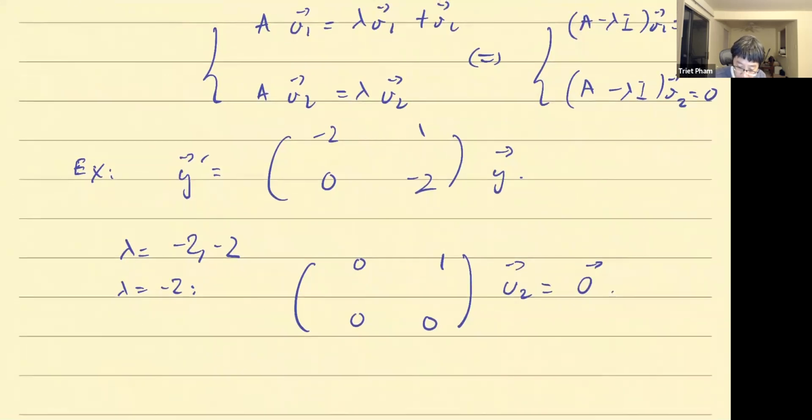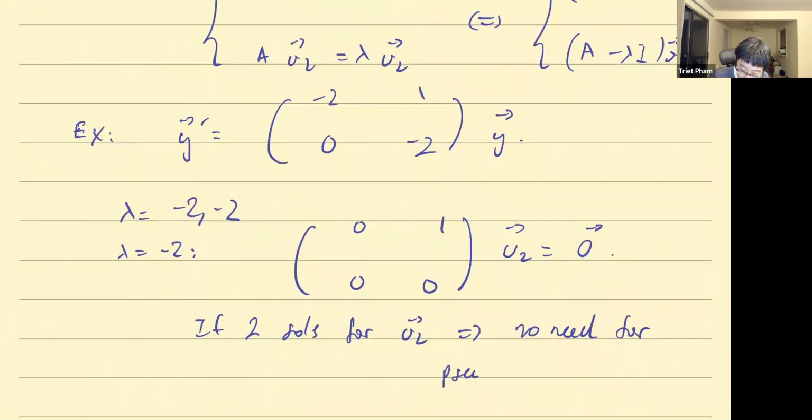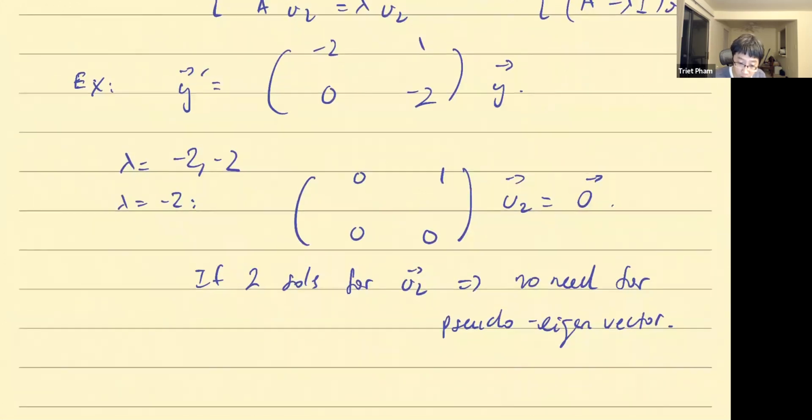If you have two solutions for V2, you're done. You don't need to solve for the pseudo eigenvector. So no need for pseudo eigenvector. But here you only have one solution.